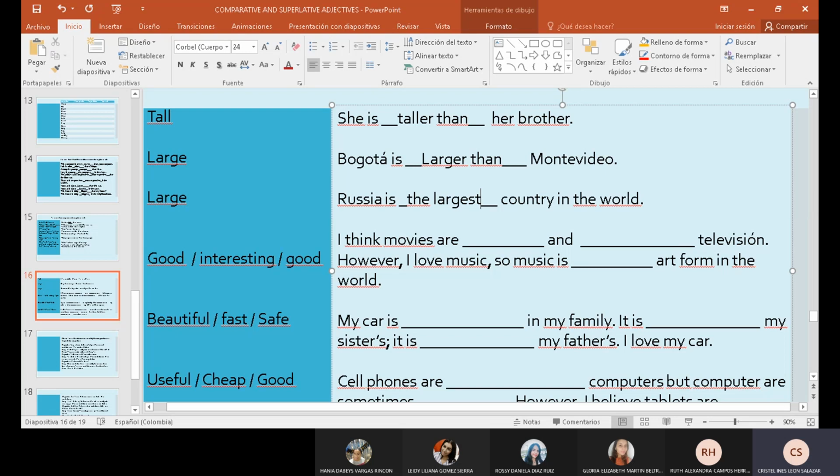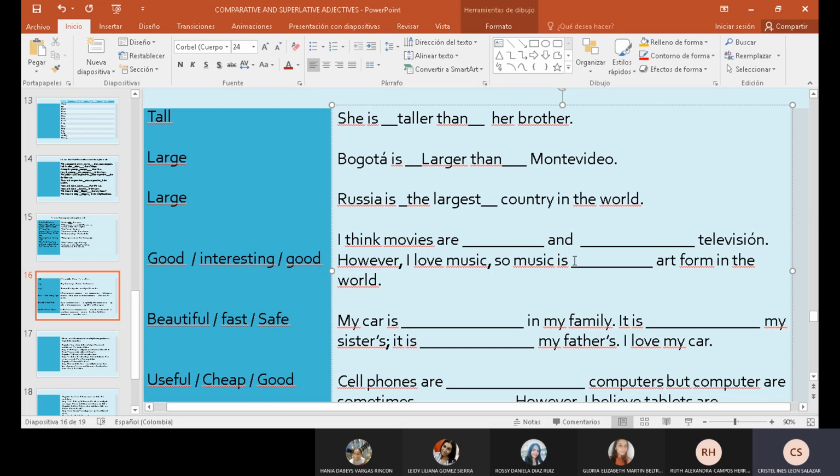Hania, please. The other. I think movies in are more interesting. No, please. In that sentence, we use three adjectives. In the first is the comparative or superlative of good. In the second is interesting.